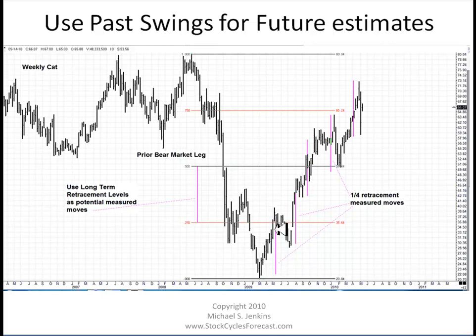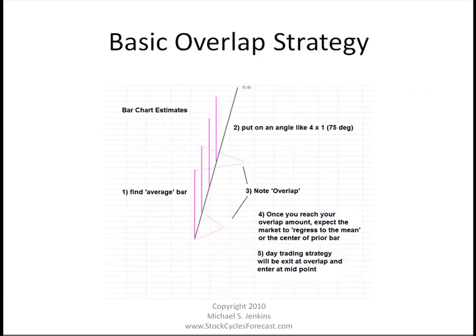And if we place that colored marker over here, we find out it's pretty close to our measured moves that we've observed. So sometimes if we just take that last big leg down, we will find out that many of the legs on the way back up, even though they're displaced a little bit, are those same 25% movements.